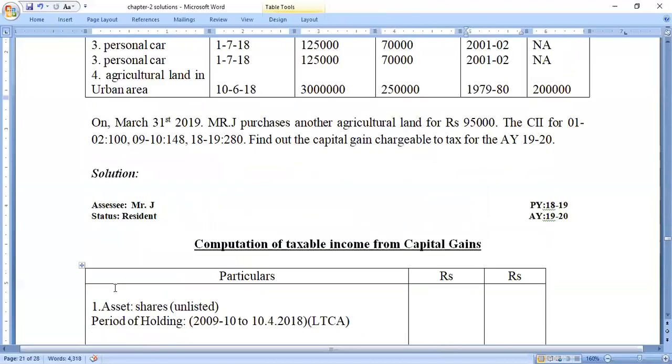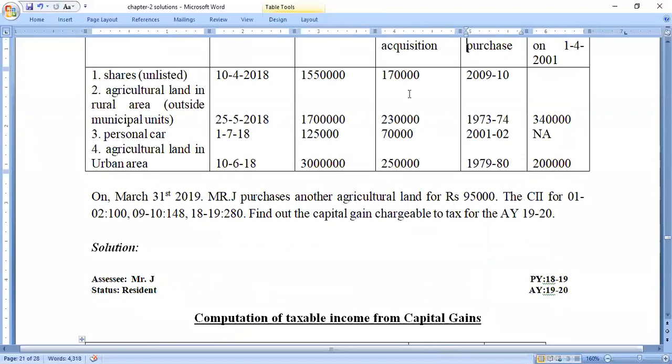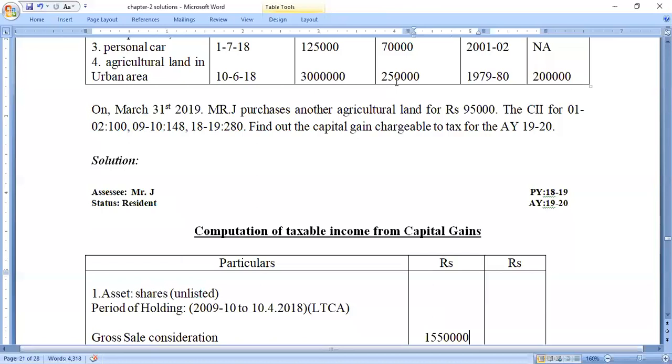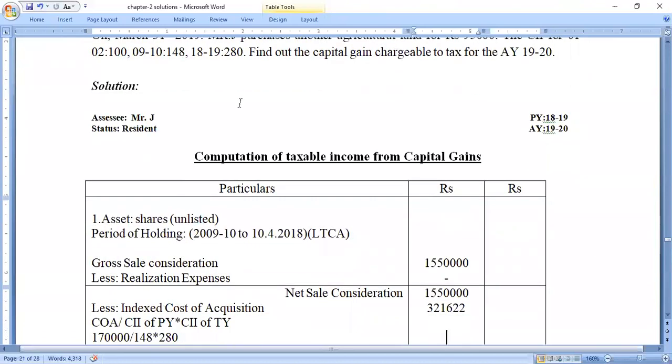So the purchase price is 1,70,000, and the asset has been purchased in the financial year 2009-10. The CII value is 148 rupees. 148 into 280, that is the CII value of the previous year in which the asset was sold. So the indexed cost of acquisition is 3,21,622 rupees.